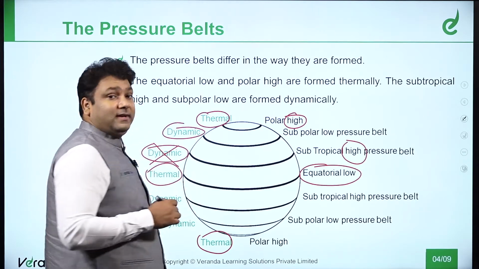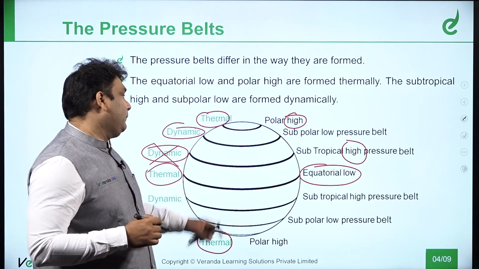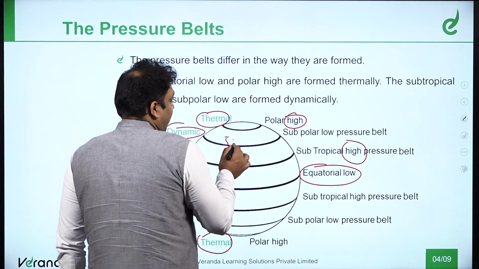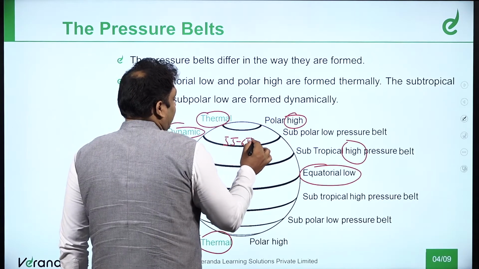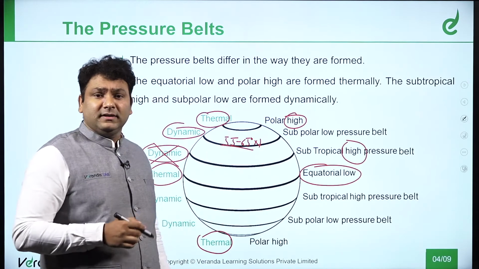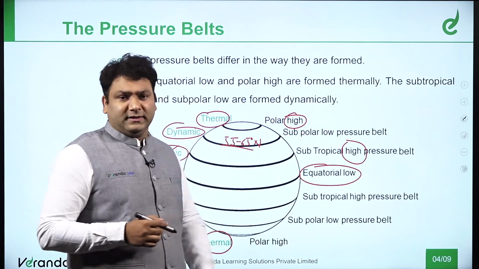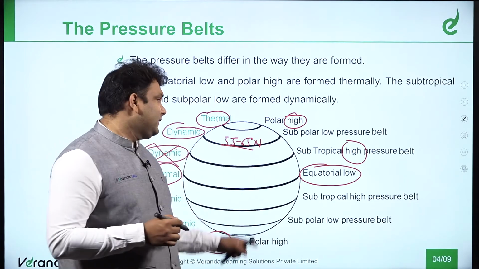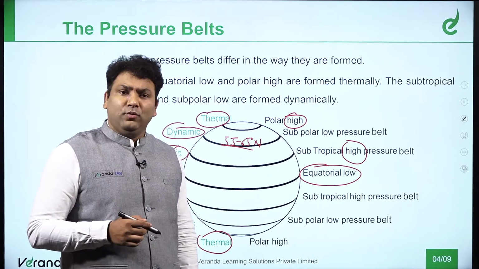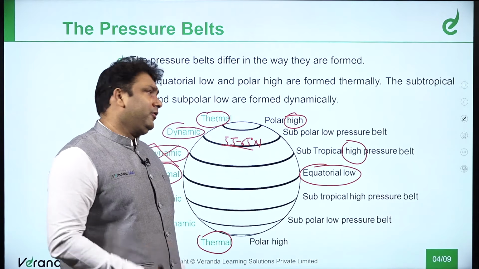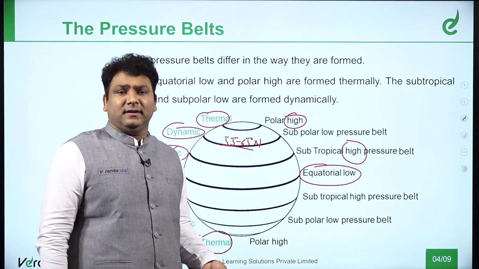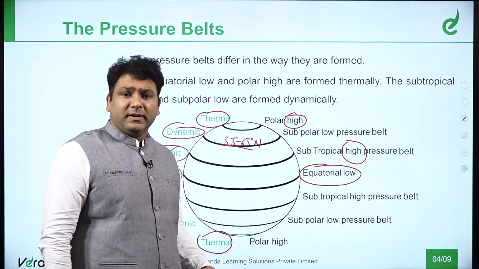Now, let us take this. So, this is between 55 to 65 degree north. It is near the polar region, because after 63.5 the polar belt will start. Now, do you think in this region you will be having high temperature?